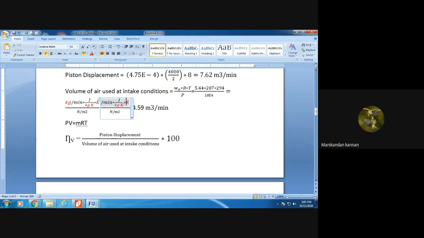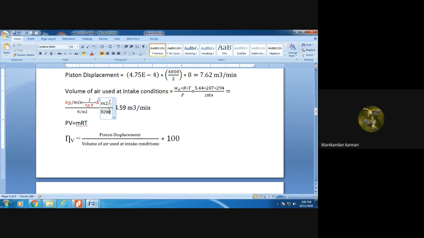So whatever red terms, I am deleting them. Now I have to bring the meter square up, because it is Newton per meter square. The meter square goes to the numerator: joule meter square divided by Newton into minute.